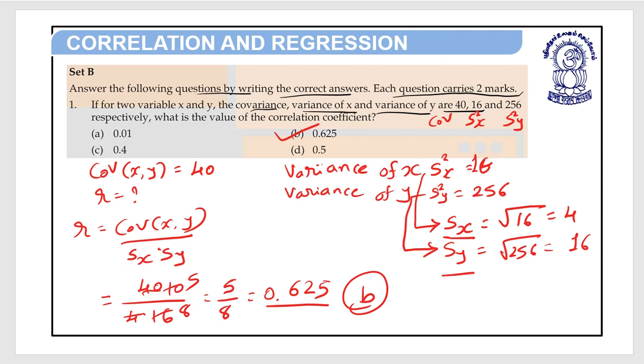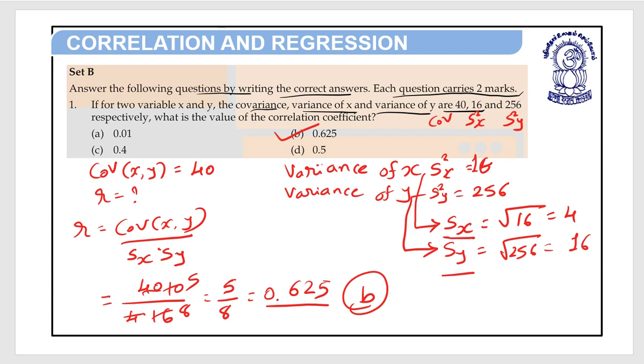When you solve the question, first see which data is given. Here covariance of xy is given, variance of x is given, variance of y is given.